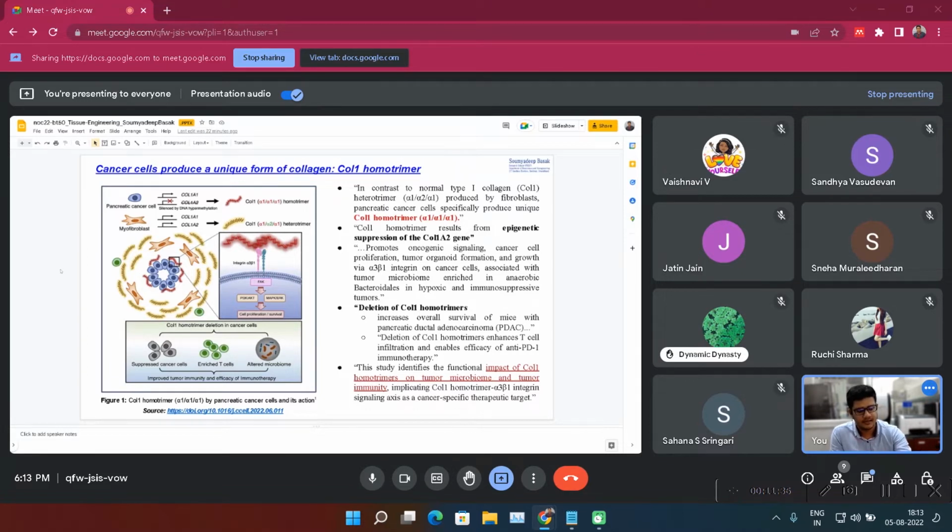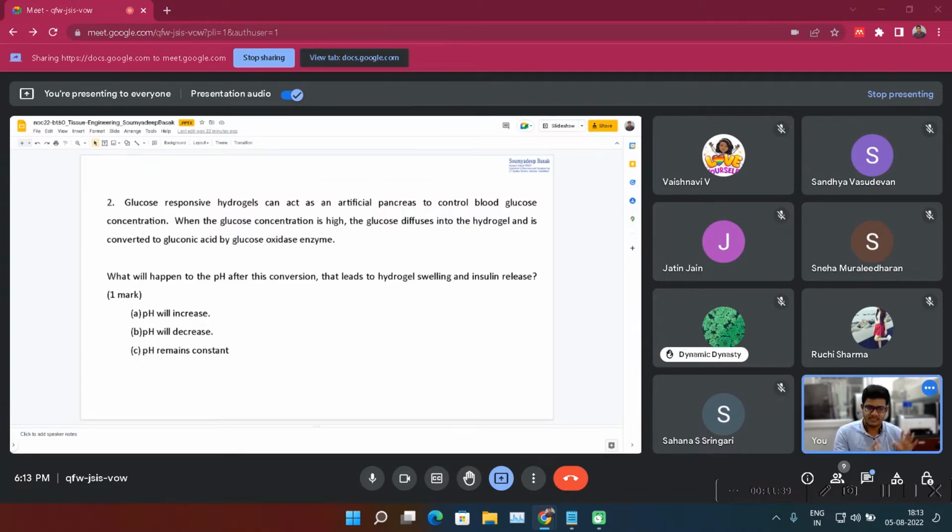Let's move on to the next question. This is regarding a glucose responsive hydrogel system. The question goes: this glucose responsive hydrogel can act as an artificial pancreas to control blood glucose concentration. When the glucose concentration is high, the glucose diffuses into the hydrogel and is converted to gluconic acid by glucose oxidation.